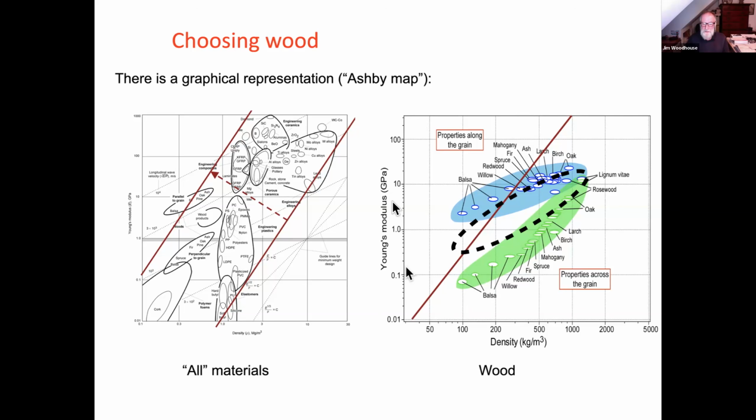And if you plot it on this log scale here, that means they lie exactly halfway in between. So if we take the blue blob and the green blob and we draw a blob that's just halfway in between, then each individual material would have a place on this black dashed line here.